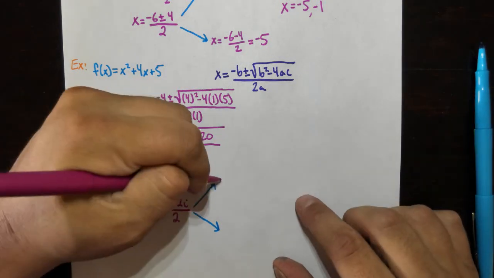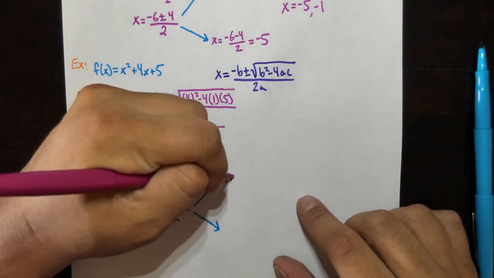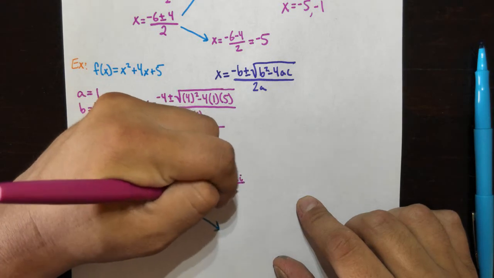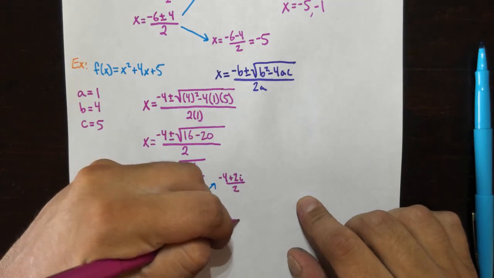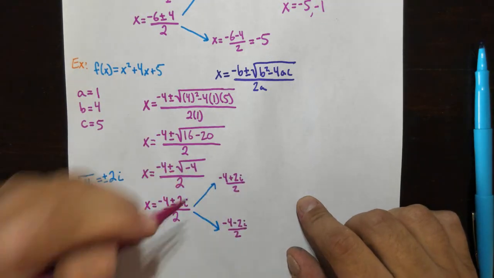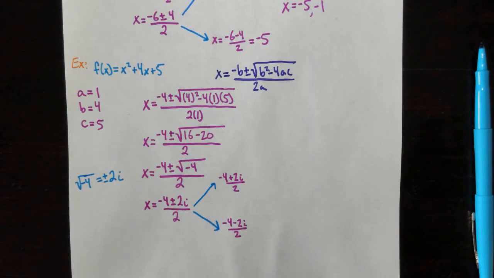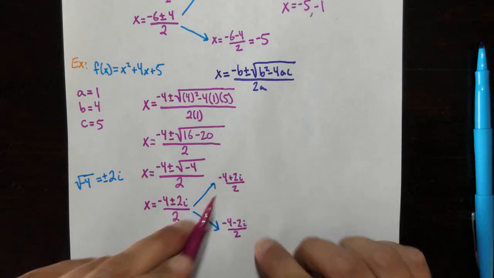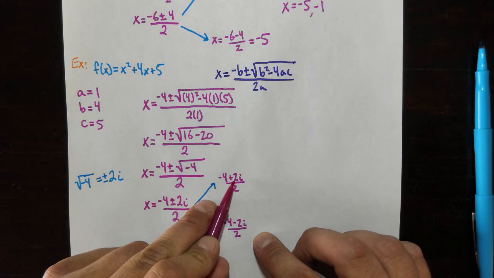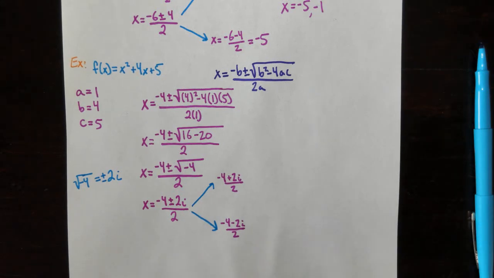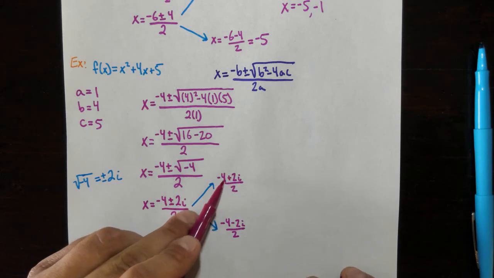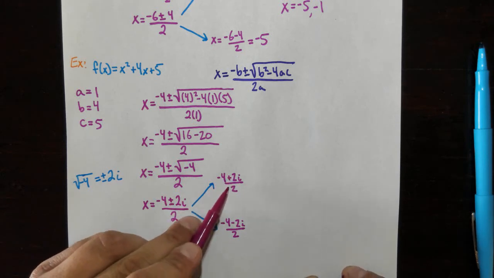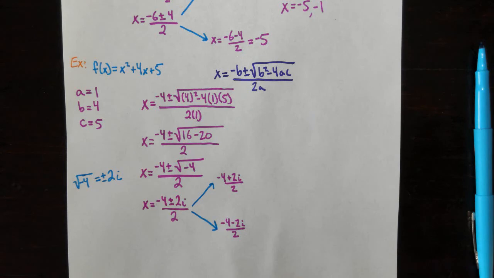So we have -4 plus 2i over 2, and we have -4 minus 2i over 2. And unlike the last example where we could combine the 2 numbers on top because they're both real, we can't combine the 2 numbers on top here because one's real and one's imaginary. But what we can do is simplify this a little further because both of the numbers on top, -4 and 2, are divisible by the number on the bottom. So let's go ahead and divide that out.